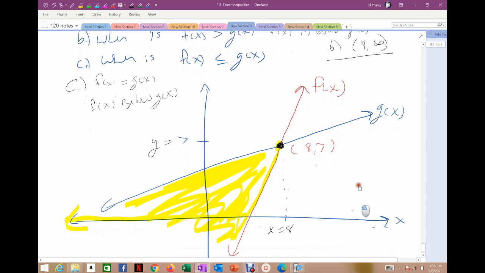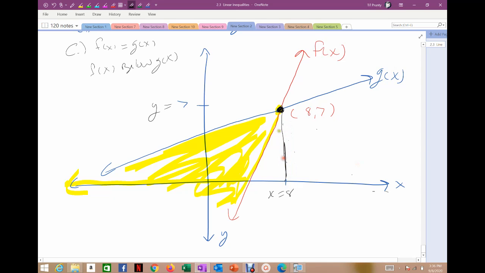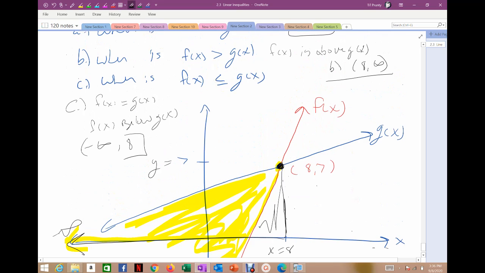So the answer for that one is negative infinity to 8. And this time I include 8 because of the equal to. I want every place where the red function is the same as the blue, there's only one place, 8, and smaller than it, which is below it.